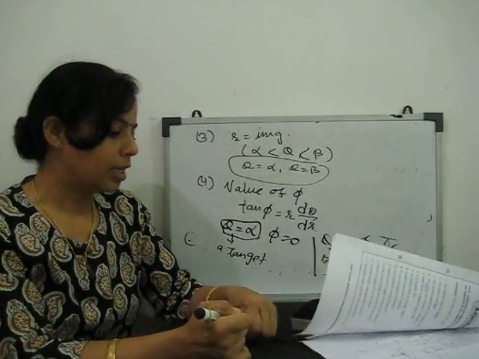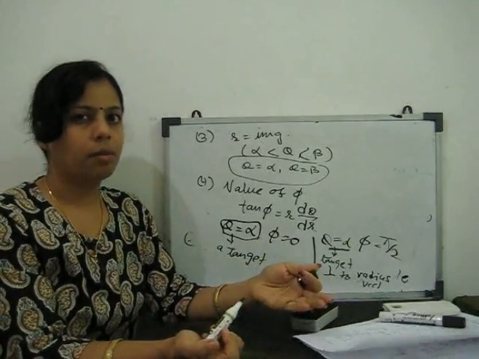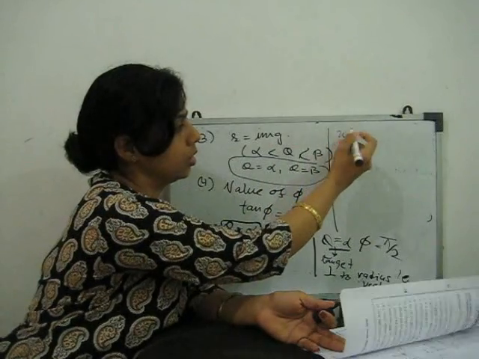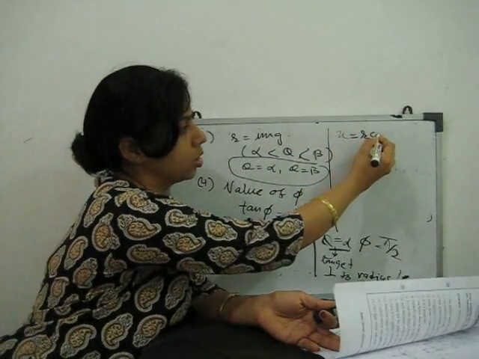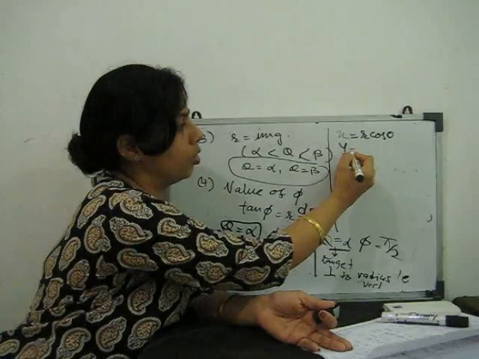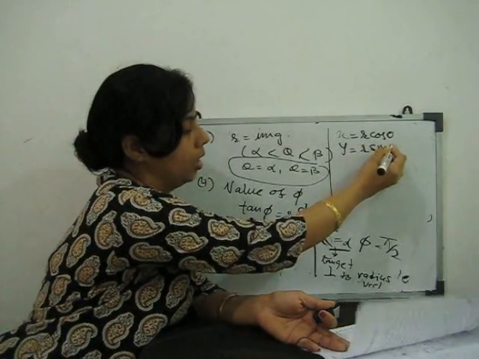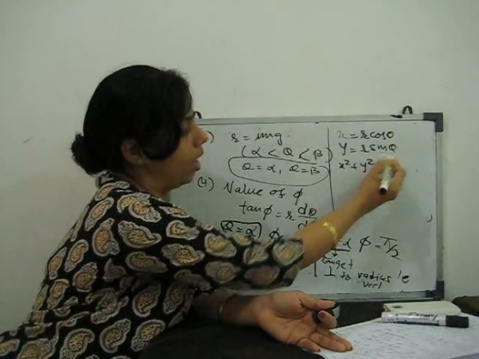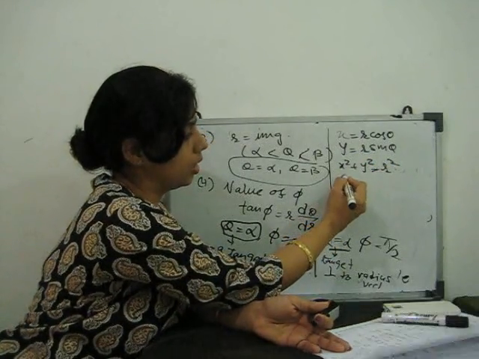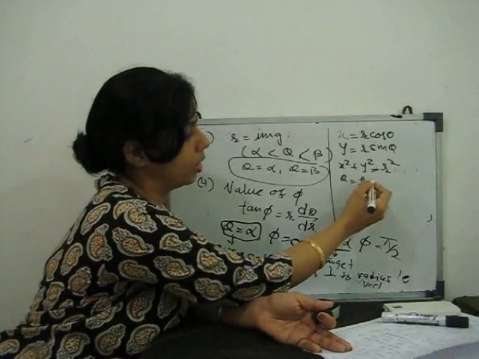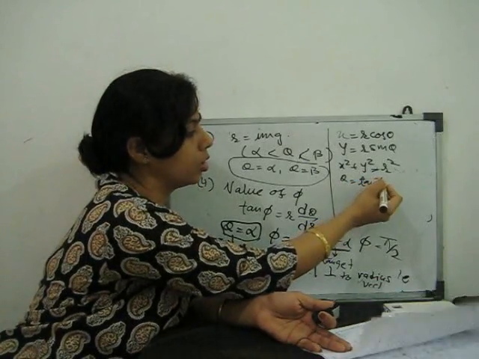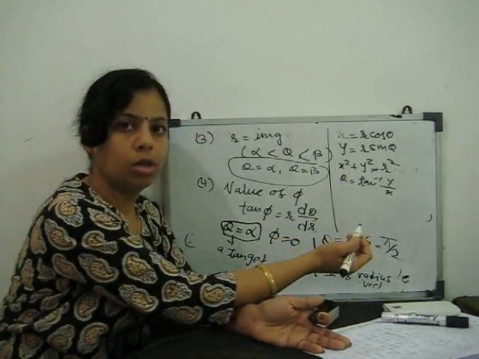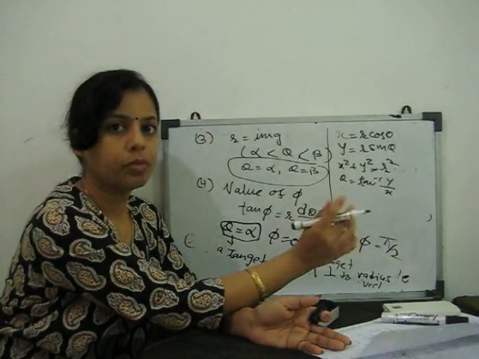Next, if you have some curves, you can change them into Cartesian coordinates also. x is equal to r cos theta, y is equal to r sin theta. You should remember x square plus y square is equal to r square. Similarly, theta is equal to inverse tan of y by x.